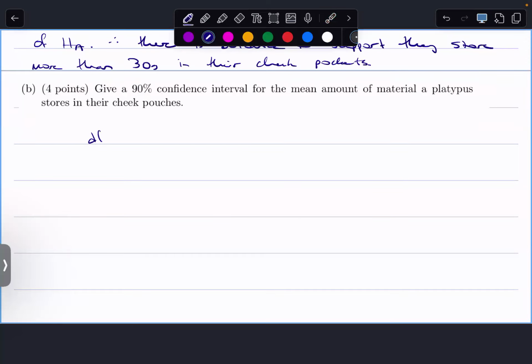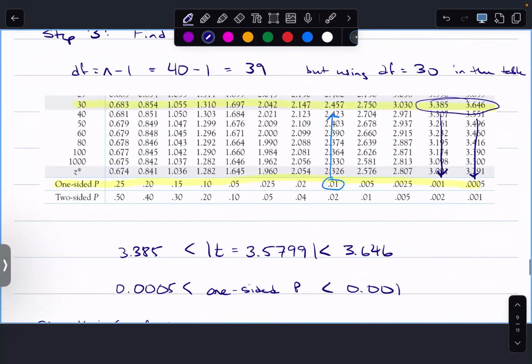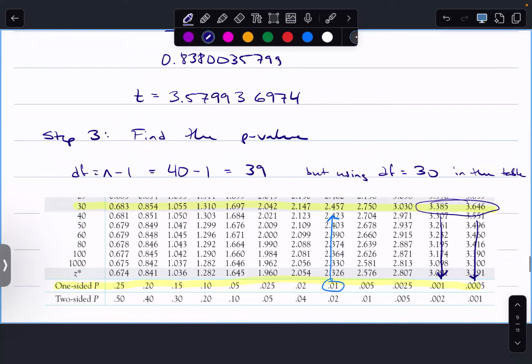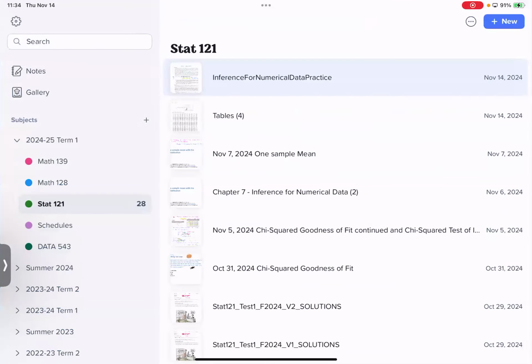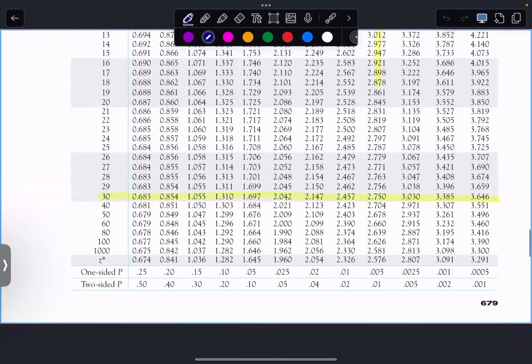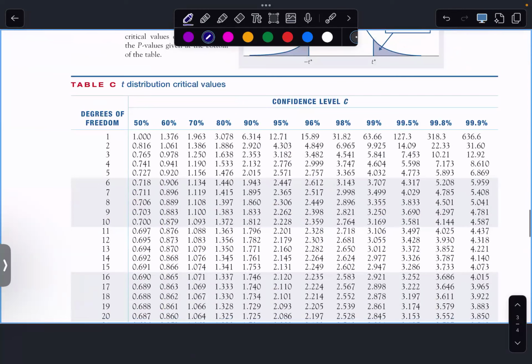So we know the degrees of freedom was, nope, 39, 40 minus 1 is 39, but using degrees of freedom equal to 30, we want to build a 90% confidence interval.